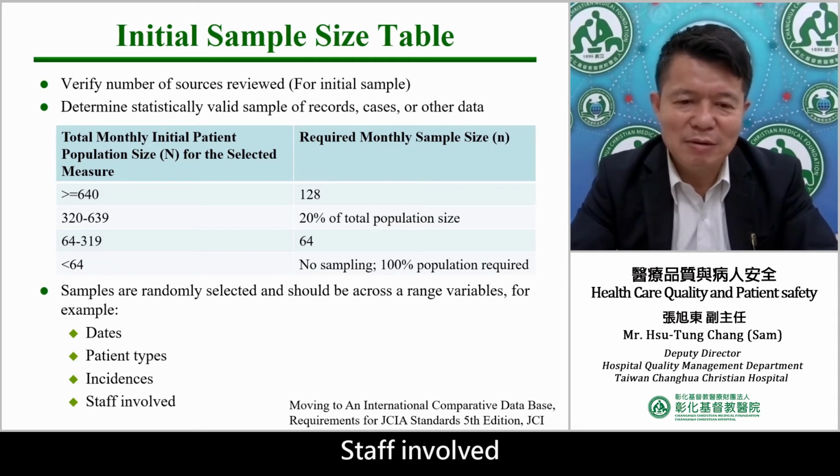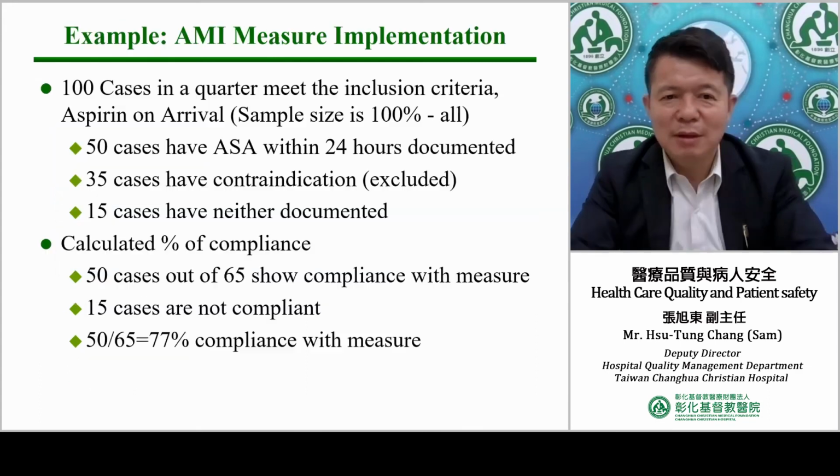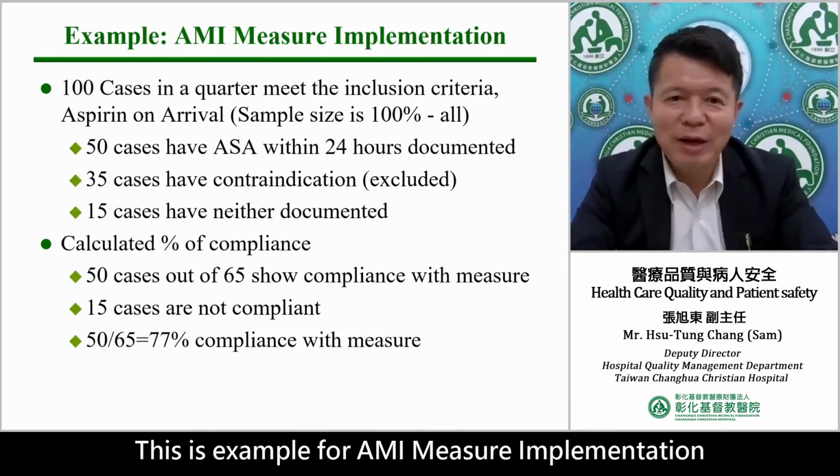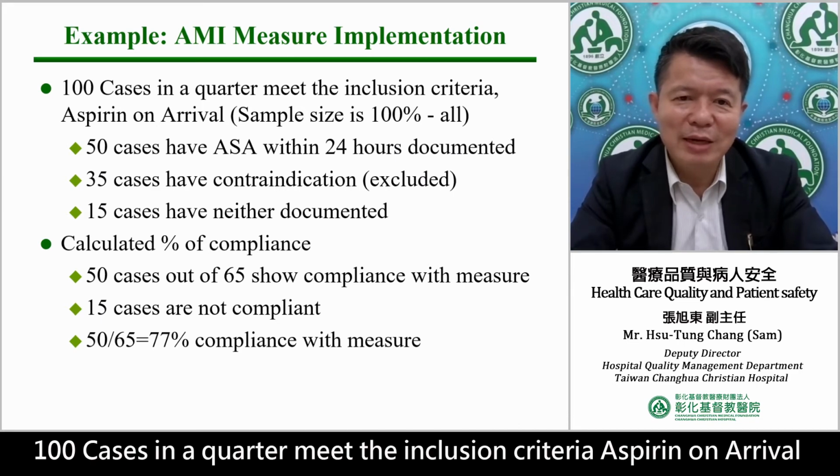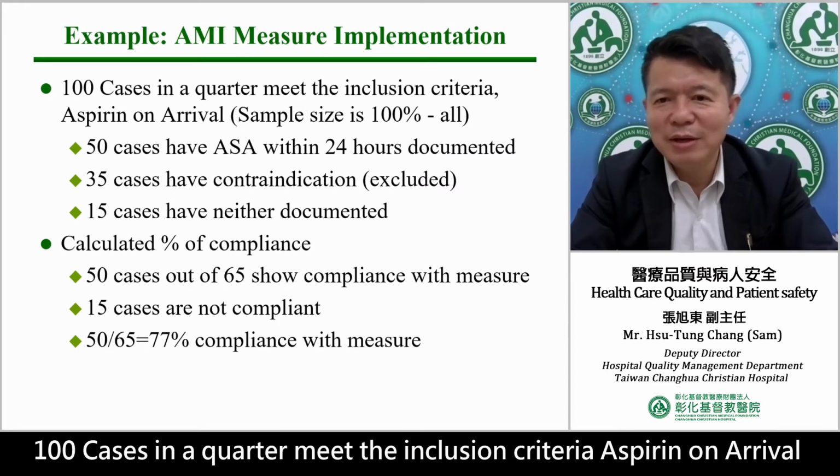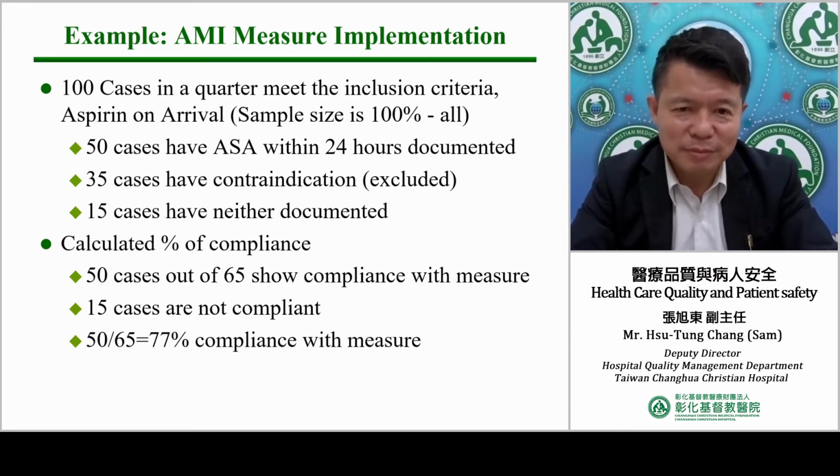instances, staff involved. This is an example for MI major implementation. 100 cases in a quarter meet the inclusion criteria, aspirin on arrival.